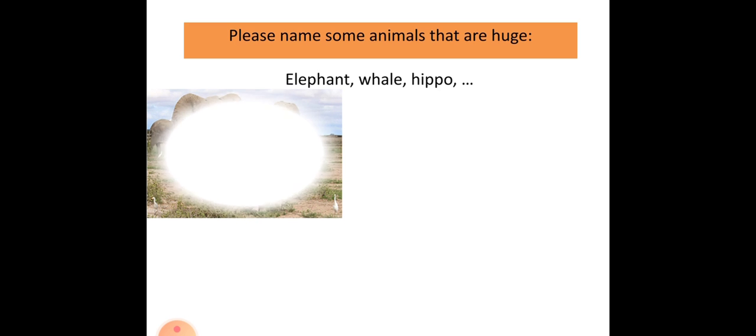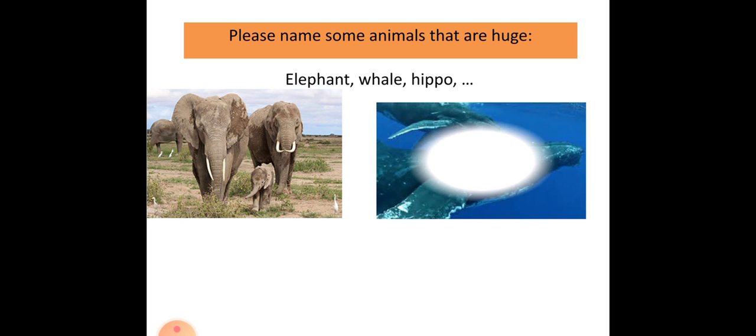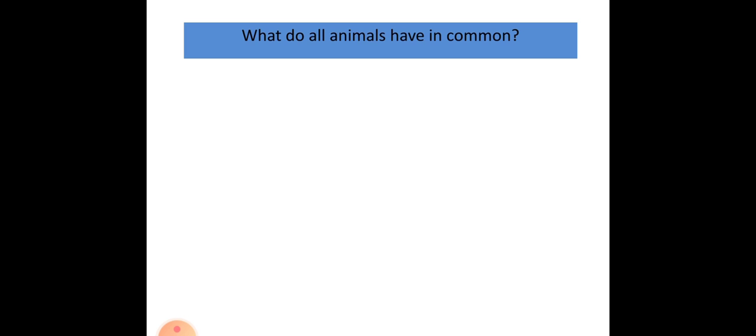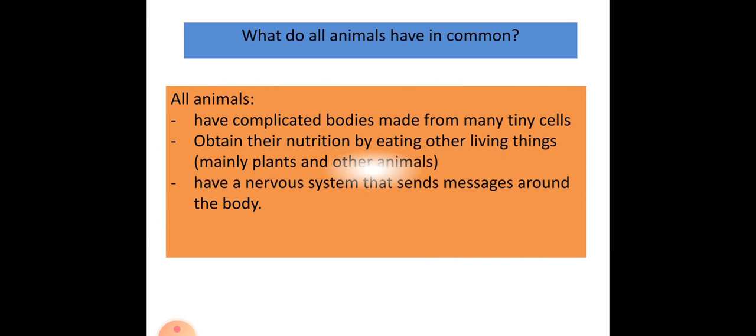Please name some animals that are huge. So we have just like elephant, whales, and hippo. What do all animals have in common? So we just know that all animals have complicated bodies made from many tiny cells.